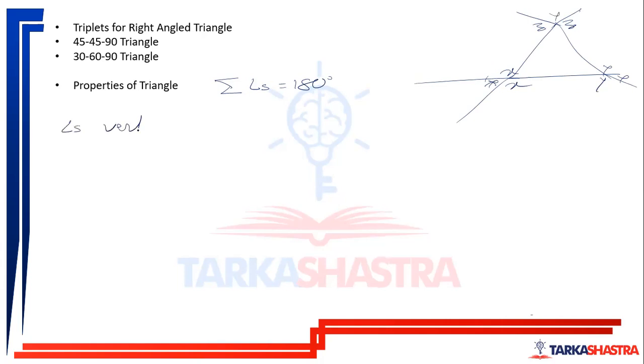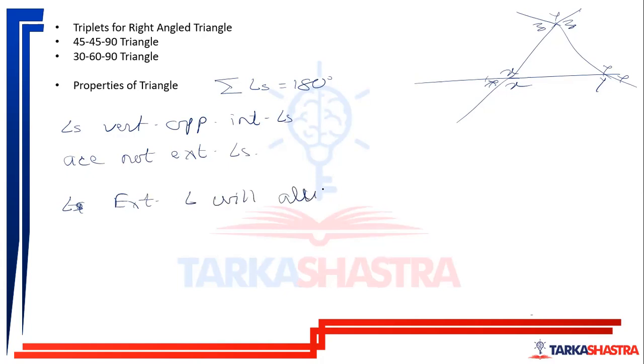Angles vertically opposite the interior angles are not the exterior angles. Exterior angle will always have one side of the triangle as an arc.